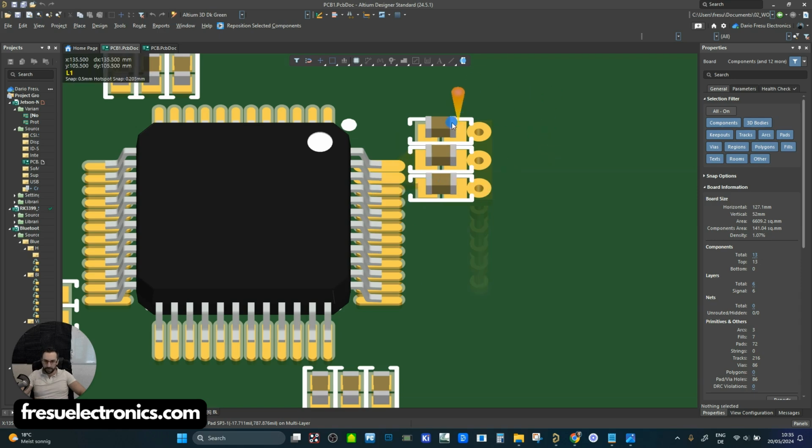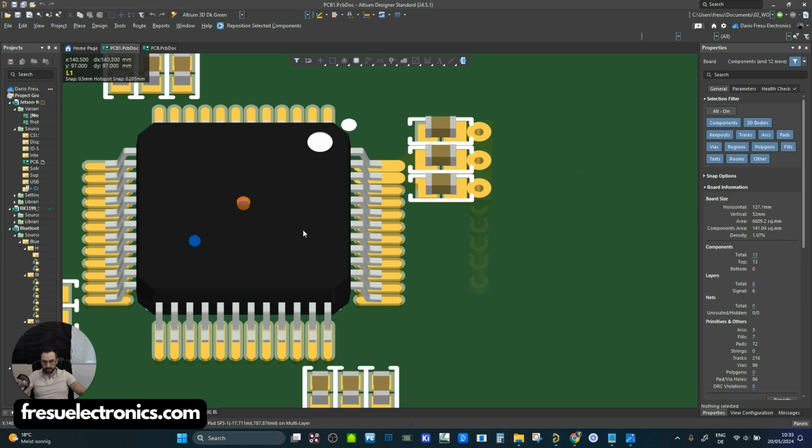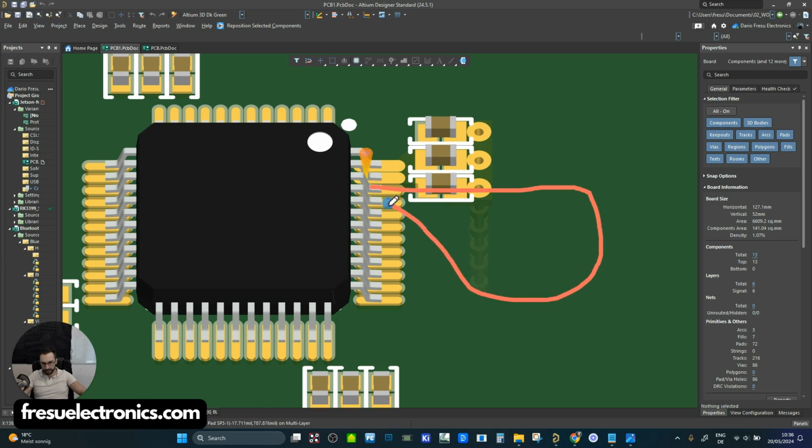You have to think that if you place this decoupling capacitor far away, so if you take these decoupling capacitors here and place them here, for instance, then the loop that we create from this pin is going to be much larger, and this loop will have some transient current flowing through it.